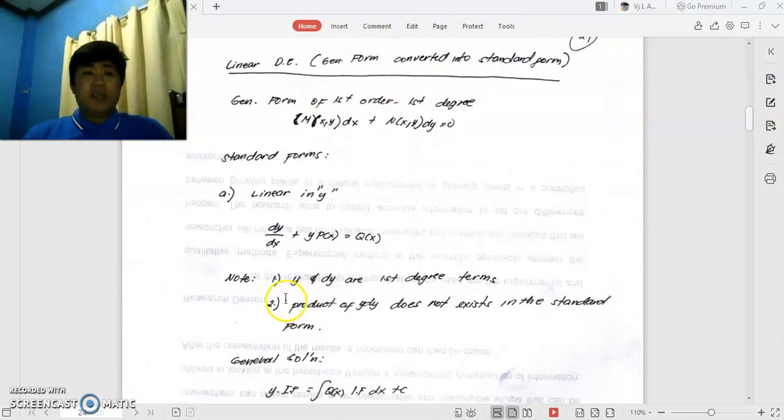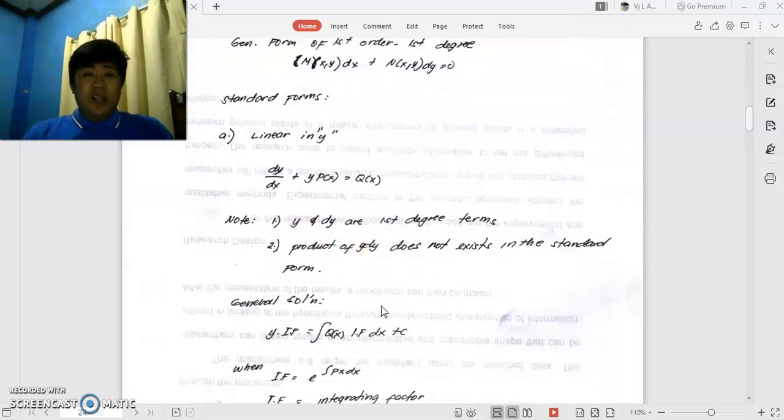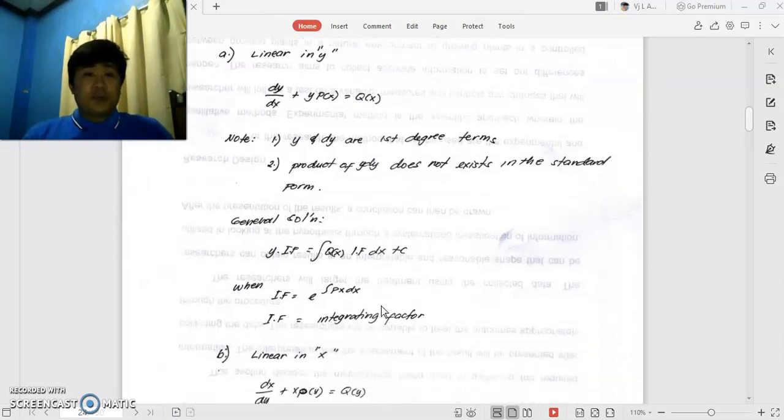The first one is y and dy are first degree terms. And the next is that the product of y and dy does not exist in the standard form. So if we were able to transform your given into this standard form, then we could get our value for P of x and Q of x.